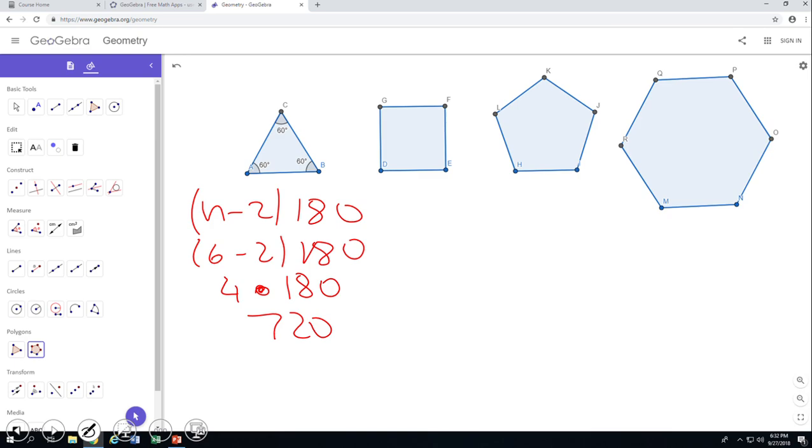For finding one angle, we're going to divide 720 by 6, because we have 6 equal angles, and we end up with 120 degrees. Each interior angle of a regular polygon of 6 sides, a hexagon, is 120 degrees.